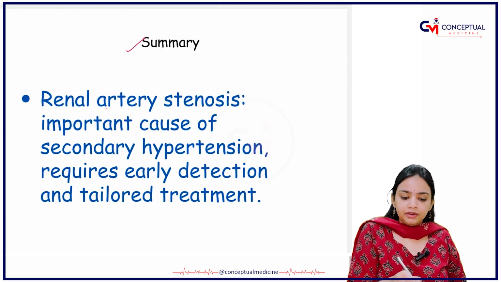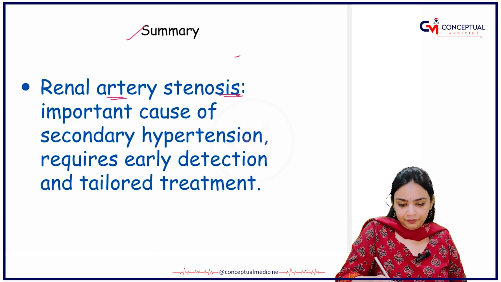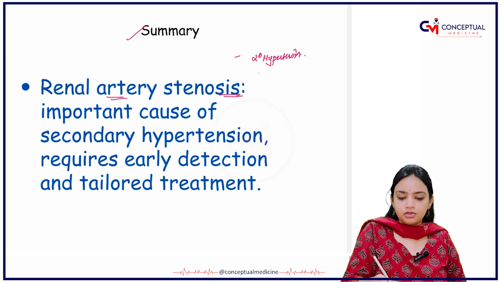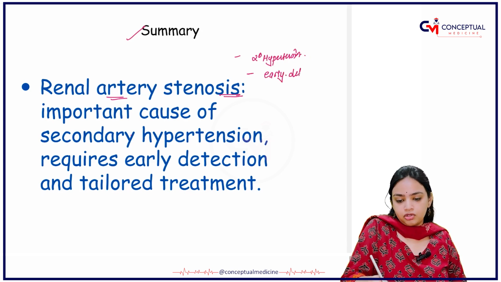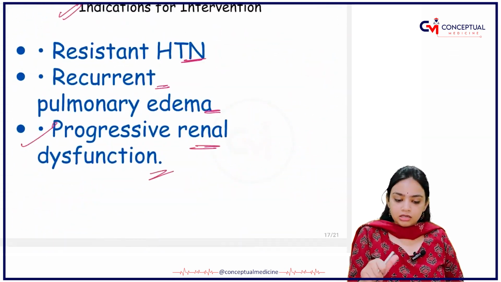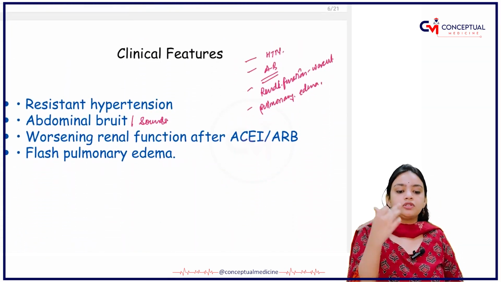Summary: renal artery stenosis is an important cause of secondary hypertension and it requires early detection. These are the summary points that you need to keep in mind. What are the investigations we do?